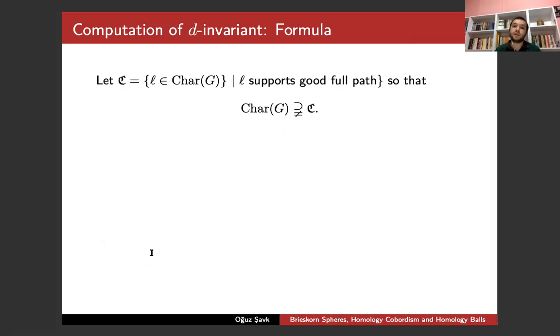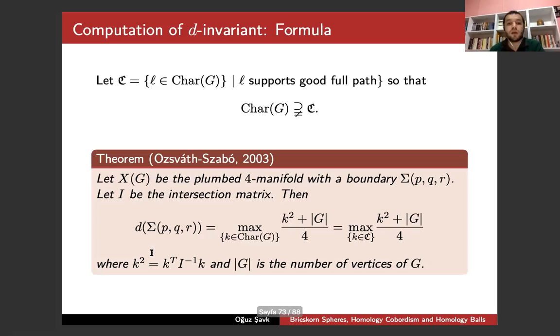Here, the set C denotes terminal characteristic classes supporting good full paths. As you expect, we eliminate lots of redundant elements in the algorithm so that this set is strictly smaller than the set of characteristic classes. Ozsváth and Szabó say that it is enough to compute the invariant on this smaller set. And here, K² means the multiplication of the transpose of characteristic vectors, which are just tuples.